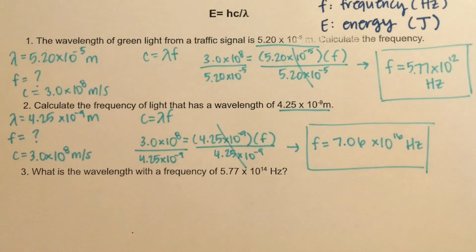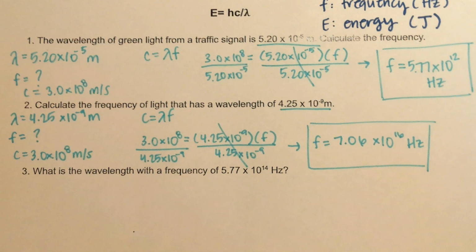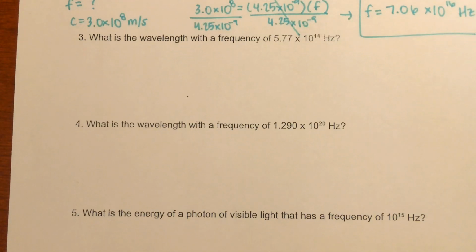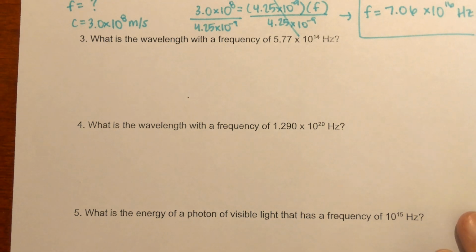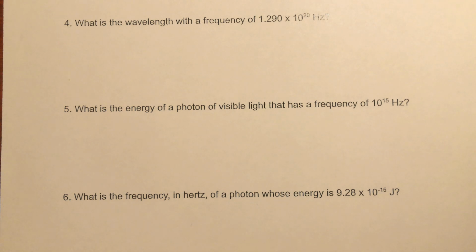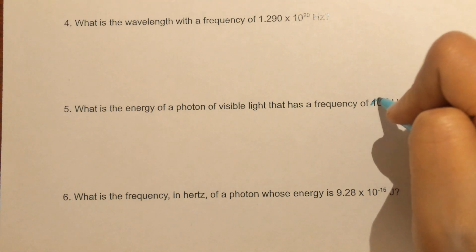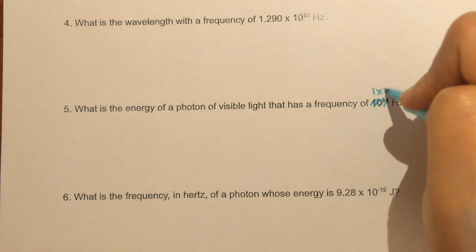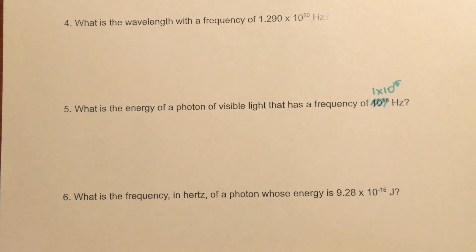Alright, so I'm going to skip over to number 5, because you will be using a different equation here. What is the energy of a photon of visible light that has a frequency of, let's change that to 1 times 10 to the power 15. That's easier.